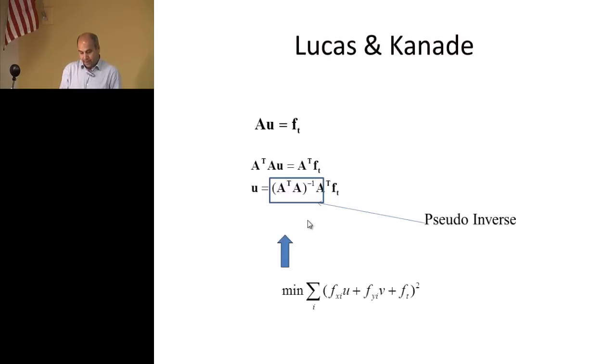So now, another way to get the same result is to look at this function. See, we have 9 equations, and we want to estimate U, V such that these 9 equations are satisfied.